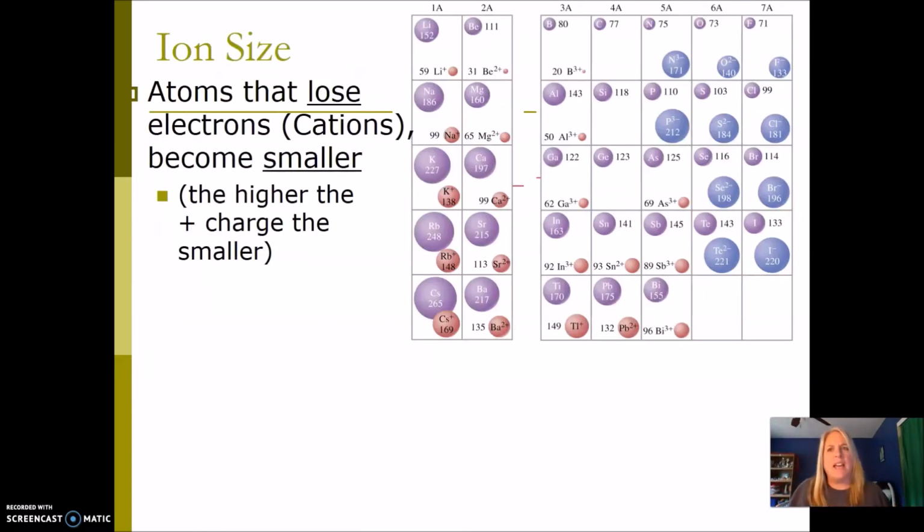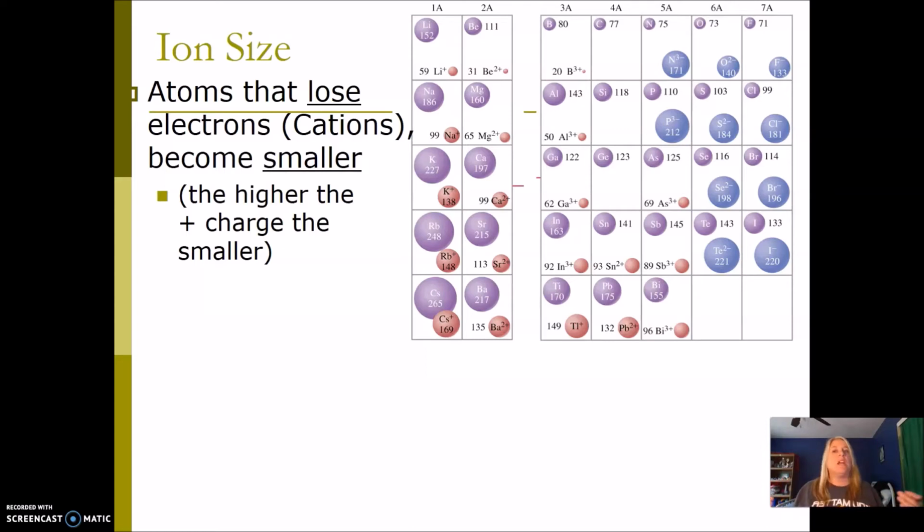Now, let's talk about ions. As you can imagine, cations, remember cations, cats are positive. They're the ones that are losing electrons, which seems weird, I know, but as we lose electrons, remember electrons are negative, we actually get smaller. We have less stuff.